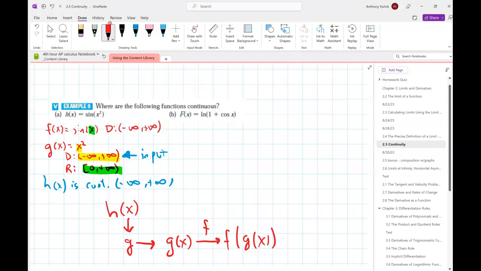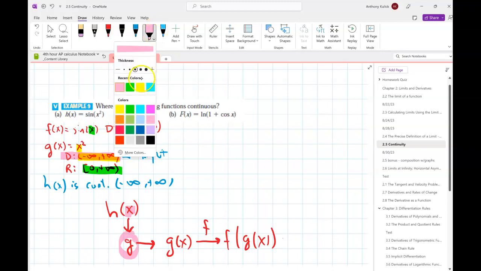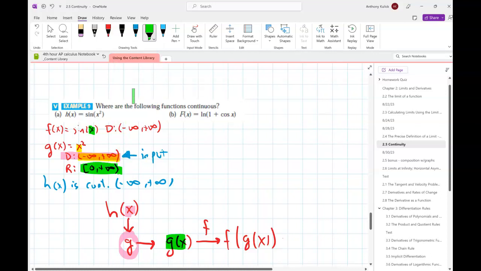You take an x here. This x is any real number because that's the things you can plug into g, right? Out of g comes the range.